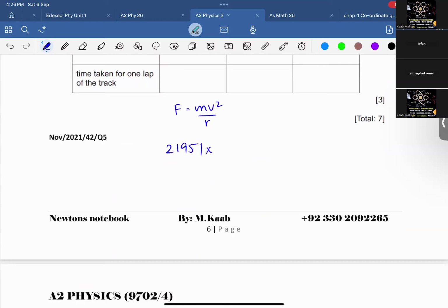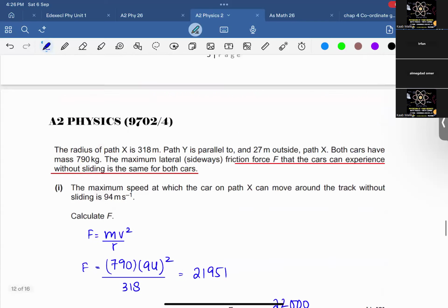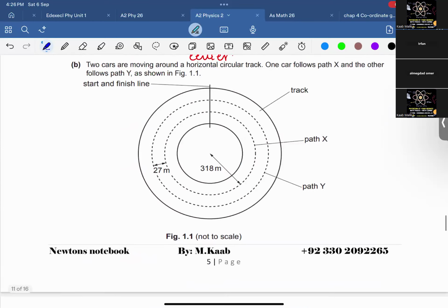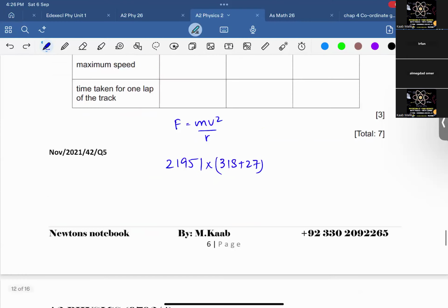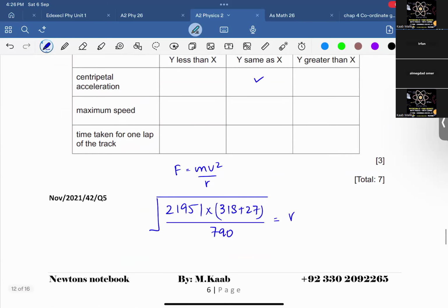But its radius is 318 plus 27, because its path is greater than the path for X, and divided by the mass, 790. Then you can root it, so you'll get the velocity. What is the velocity?